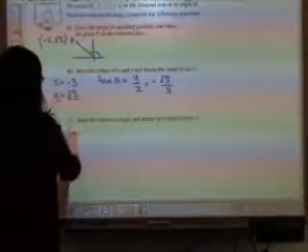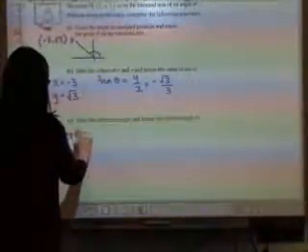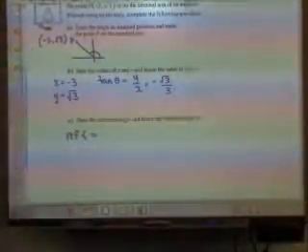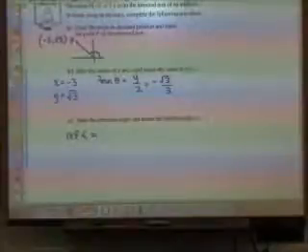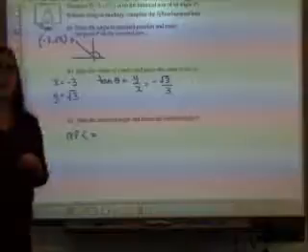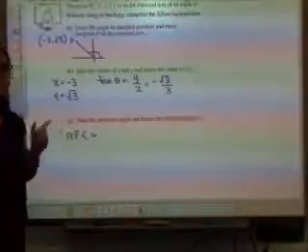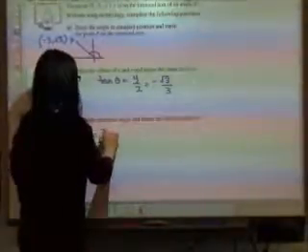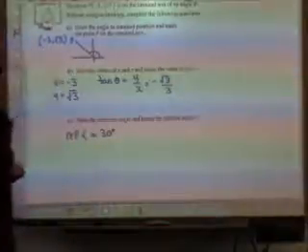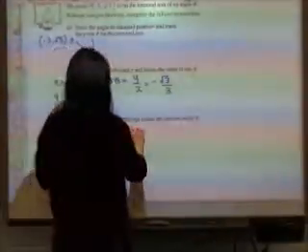So my reference angle, if I go back to that chart, I'm looking on tan. Where is tan root 3 over 3? 30 degrees. So the reference angle equals 30 degrees. I'm in quadrant 2.